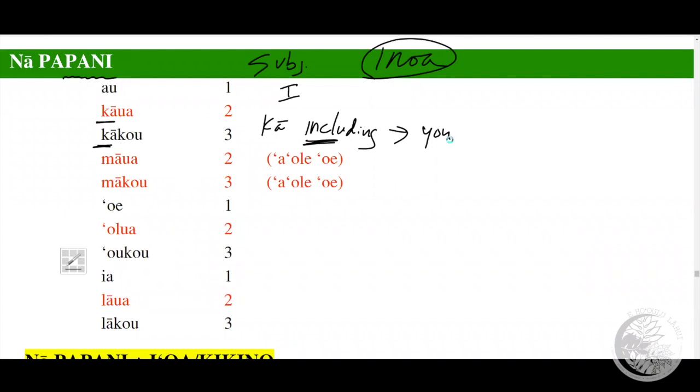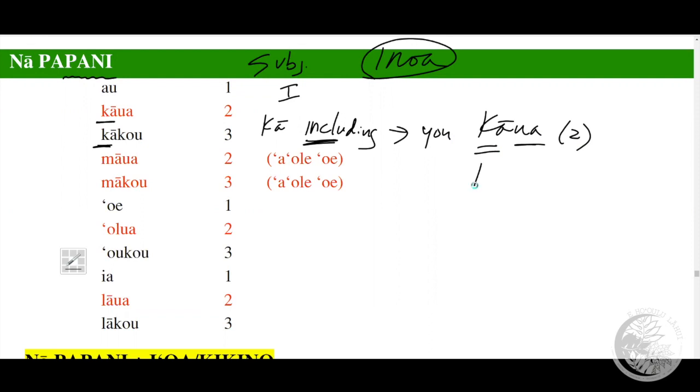So when I say we in English, we, including you, meaning we two, in Hawaiian we say kaua. Now you notice the suffix also, the word ua, can also kind of think of it as representing the number 2. So ka, which means you and I, we, and ua, which means there's 2 of us.